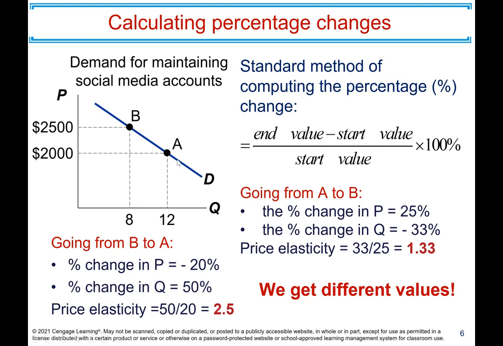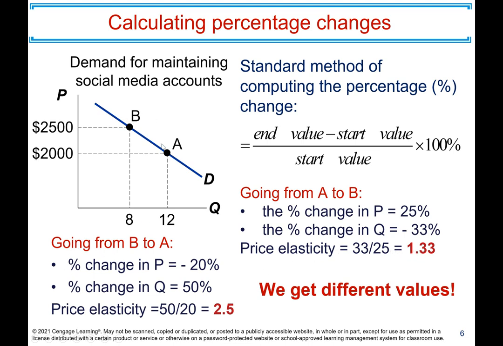Going from A to B, the percentage change in price is 25%, price changing from 2,000 to 2,500. And the percentage change in quantity going from 12 to 8 is minus 33%. So price elasticity is 33 divided by 25, and that is 1.33.